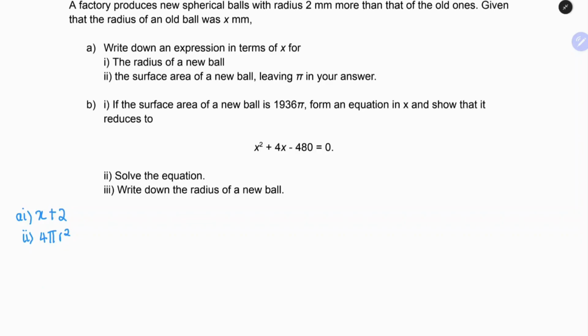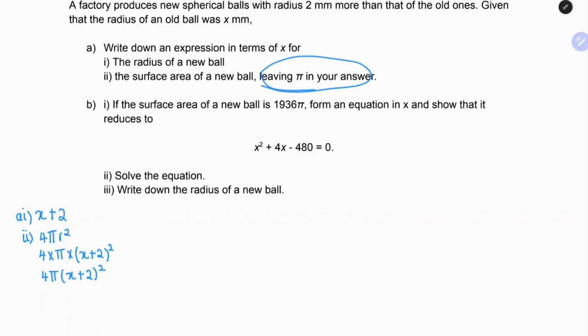So it's just 4 times pi times r squared, which is the radius squared, which is going to be x plus 2 squared. So what you're going to have is 4 pi (x plus 2) squared. And that's it. That's your answer.